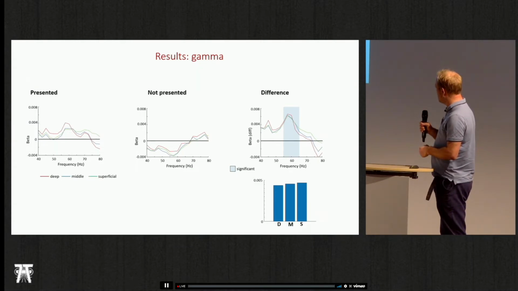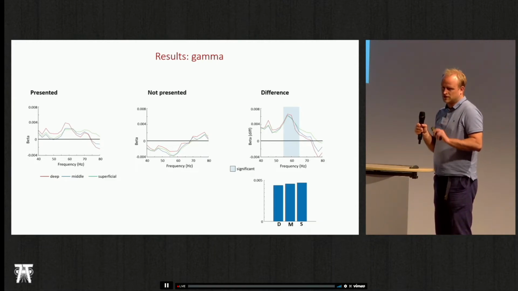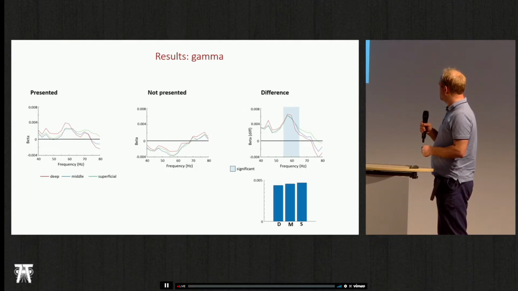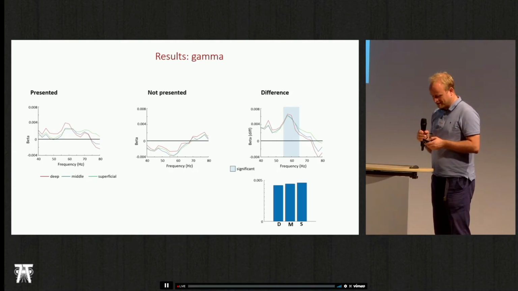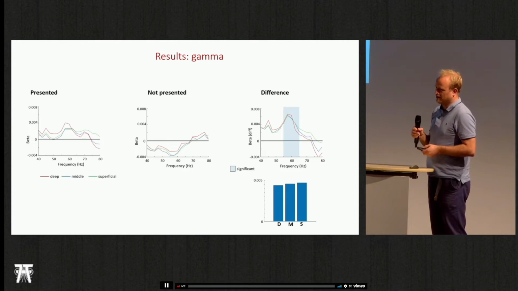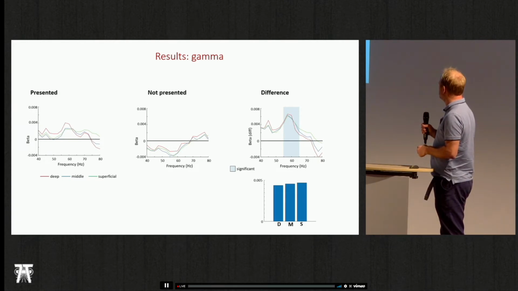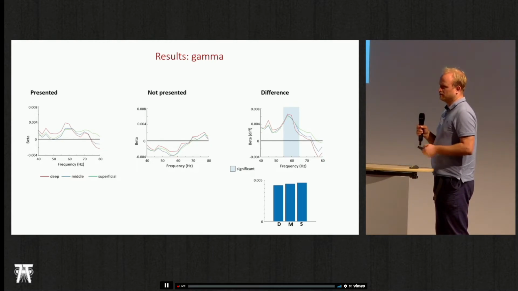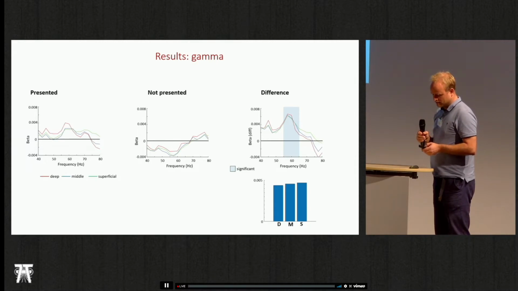It's not a big effect, I must admit, but it does come out of the complicated test that we came up with for this. There seems to be a monotonic increase in the relationship between gamma and deep, middle, and superficial BOLD that is preferential for presented versus non-presented stimuli.